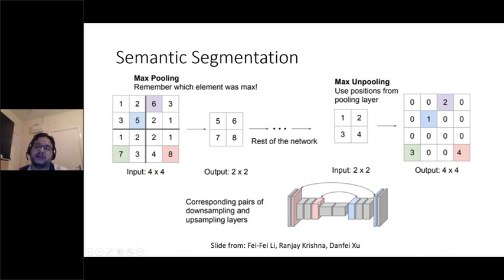We train something that encodes the image, detecting what features it contains, the bigger features, and then the second part upscales. It makes things bigger, and we produce a bigger image.